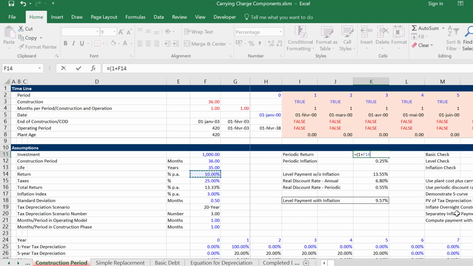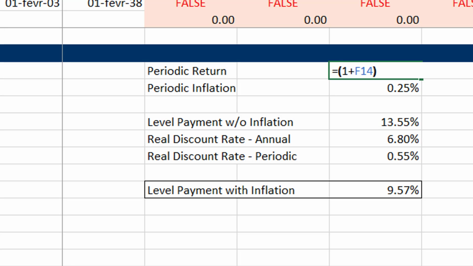And then we take that and raise it to the period of 12, divided by, if it was 12 divided by 12, it would just be 1. But we're going to divide it by the period in the operating model. And, of course, I needed a parentheses there. And then we subtract 1.